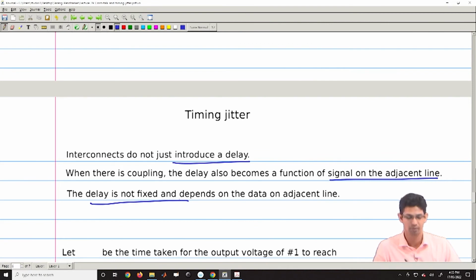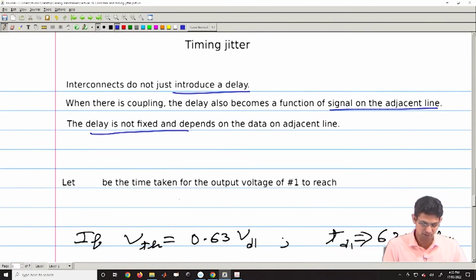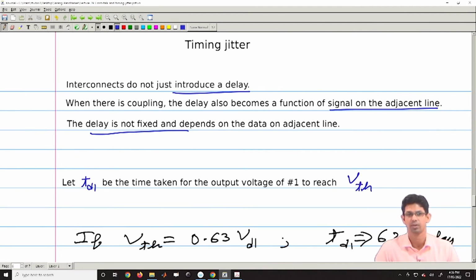the adjacent line. To understand this, again we are sticking with the case of identical interconnects and an oversimplistic scenario where the two pulses are synchronized. In that case, let us say that TD1 is the time taken for the output to reach some voltage VTH.